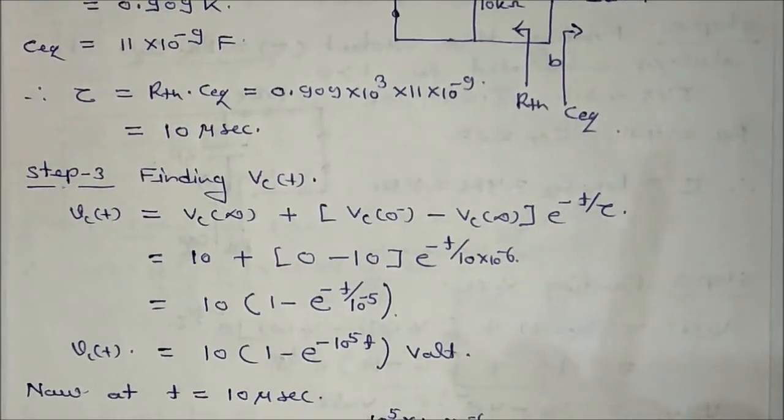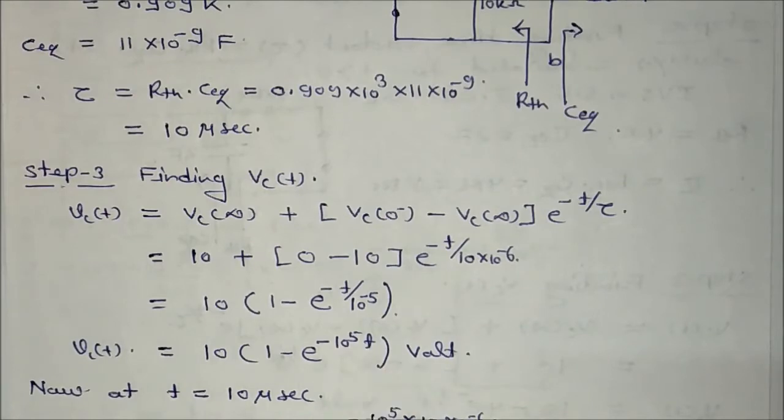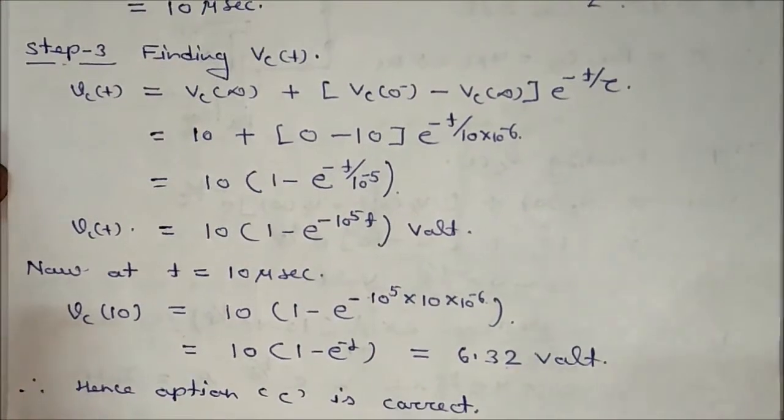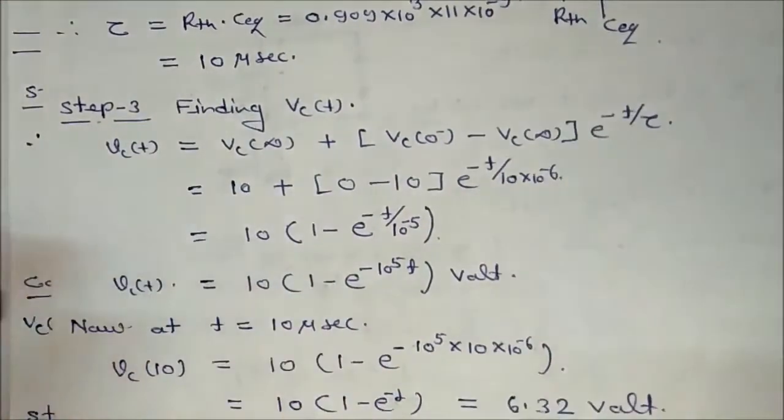Whenever the peak value will occur, when you apply a pulse of 11 volt that has been applied at 10 microsecond, that means VC at 10 microsecond, put the value of t is equal to 10 microsecond, you will get the value of what? You will get the value of VC10, that is equal to 6.32 volt, and hence option C is correct. Is it okay?